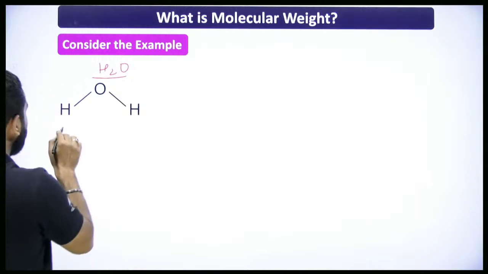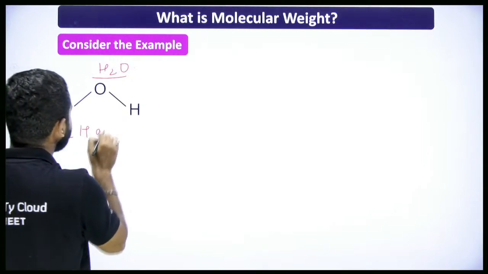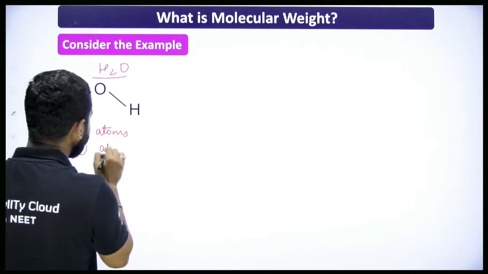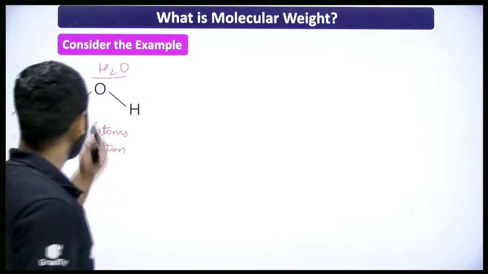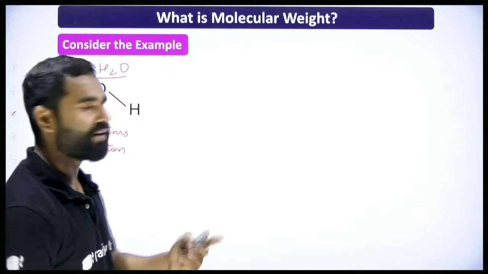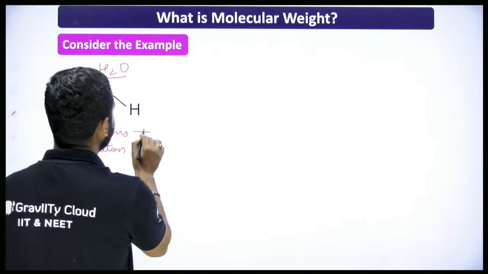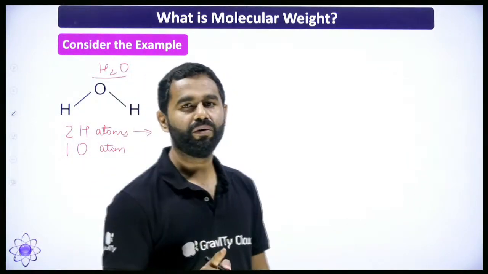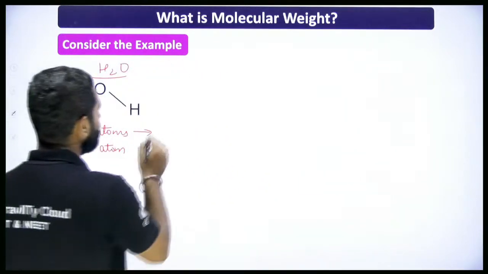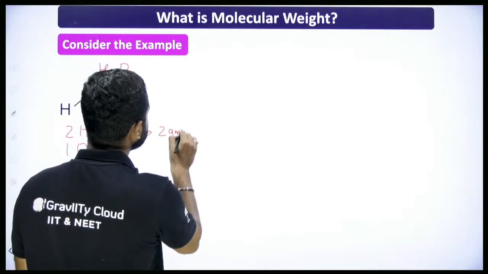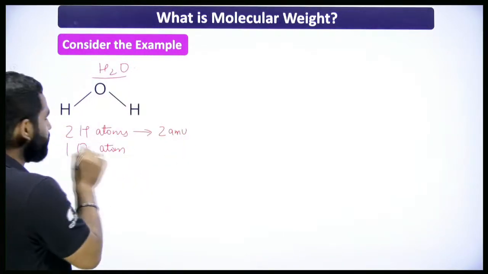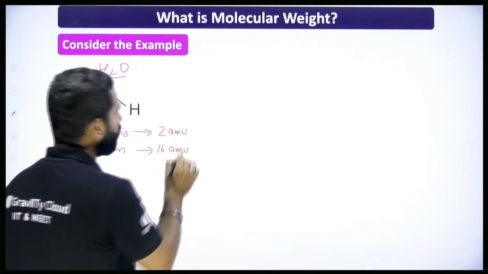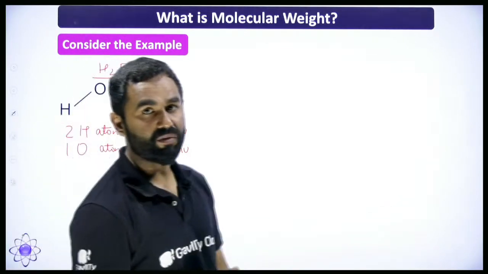This molecule consists of 2 hydrogen atoms and 1 oxygen atom. 1 hydrogen atom has mass 1 AMU, so 2 hydrogen atoms have mass 2 AMU. 1 oxygen atom has mass 16 AMU.